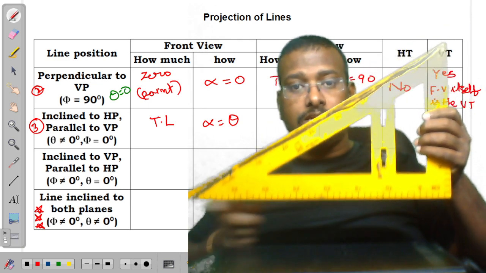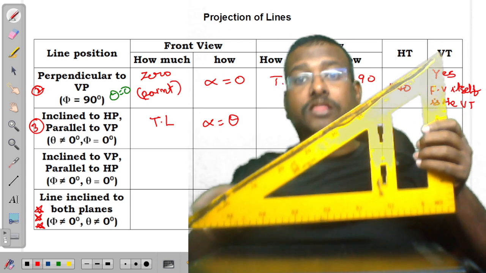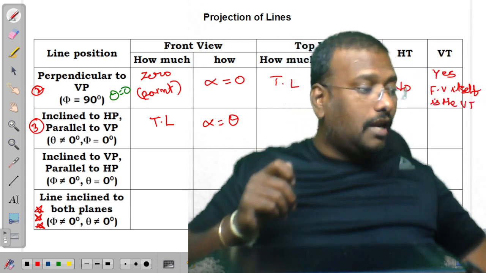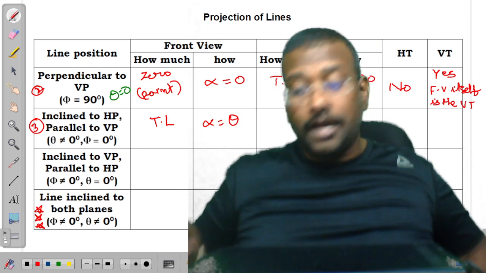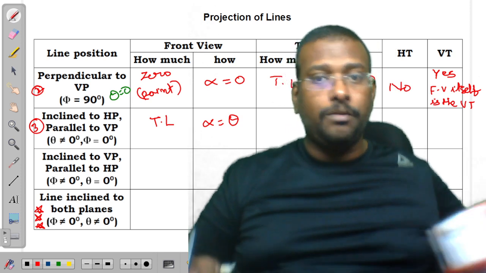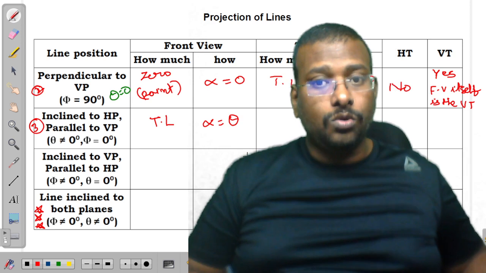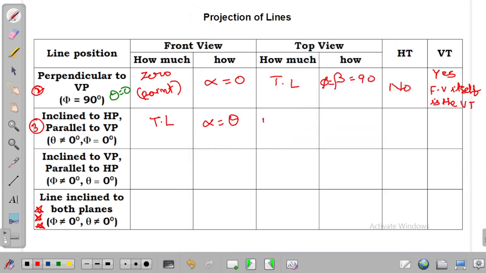This length is less than the length of the line. Therefore, what is the top view length? It is reduced. It is going to be less than the true length. So we have to write it is reduced length.